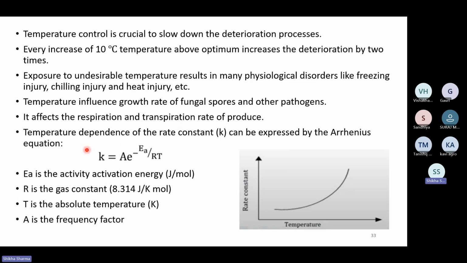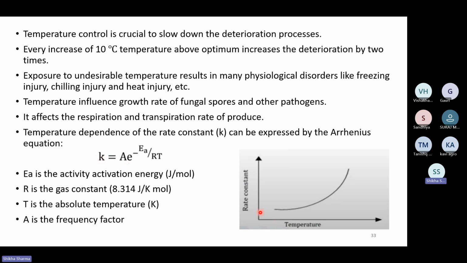So we know that the Arrhenius equation tells how the temperature T is related to k, which is the rate constant of any kind of reaction. Here Ea is the activation energy, R is the universal gas constant, which is 8.314 joule per Kelvin mole, T is temperature in Kelvin, A is the frequency factor, or sometimes we say Arrhenius constant, and k is the rate constant.